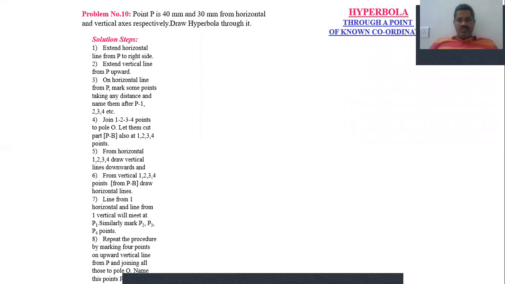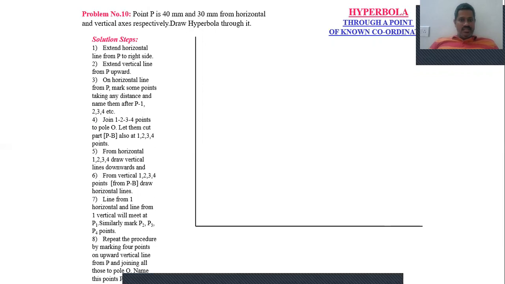Now draw the x-axis and y-axis. You can create an origin. Then locate a point in the coordinate system along the x and y axes. The point is at 30 mm and 40 mm. 40 mm is on the vertical axis, as I said just now. In this problem it is given as 40 and 30 horizontal and vertical respectively, but here the 40 is vertical, so read this sentence as vertical and horizontal respectively.